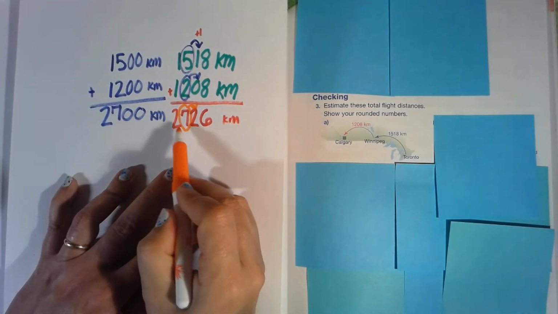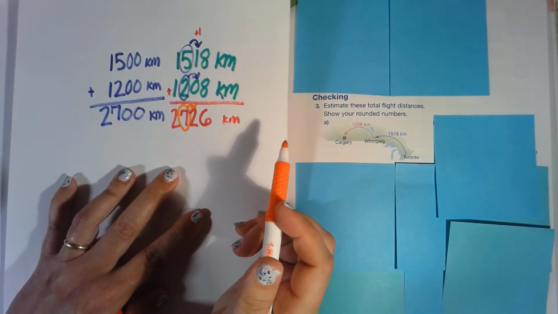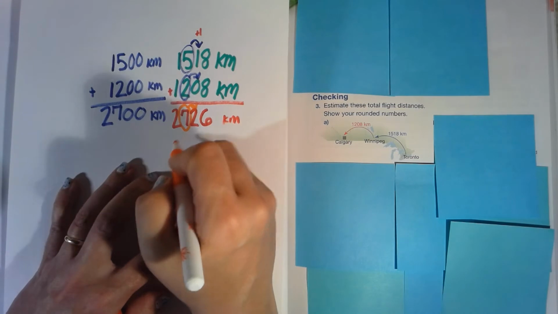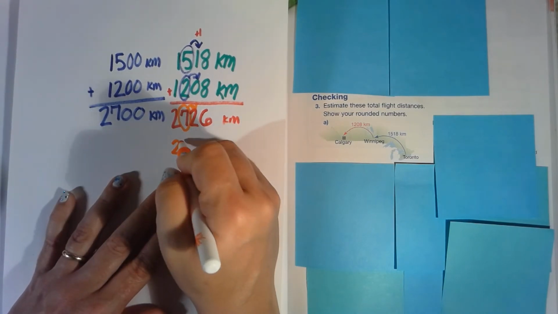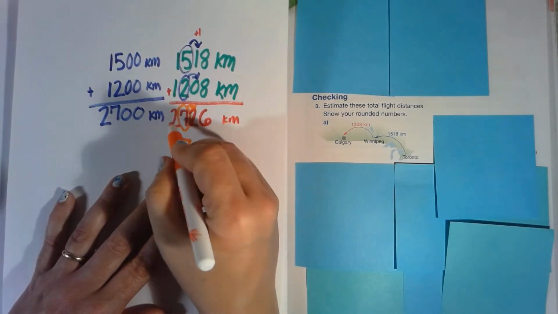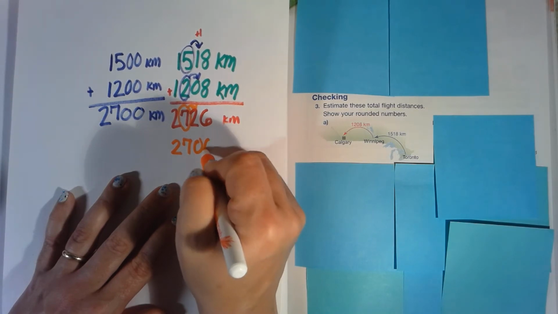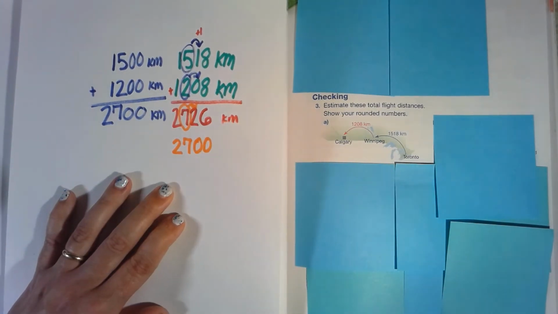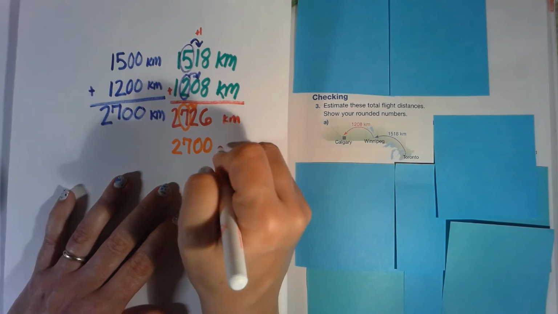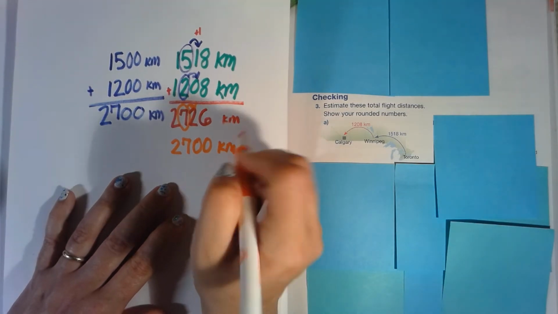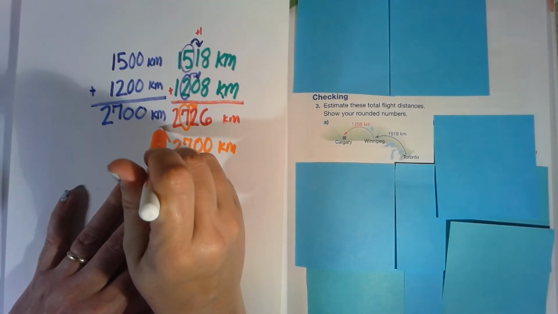It's a 2, so it tells me my 7 needs to remain a 7. So if I was to round 2,726 kilometers to the nearest hundreds position, I would say 2,700 kilometers. So it's the same.